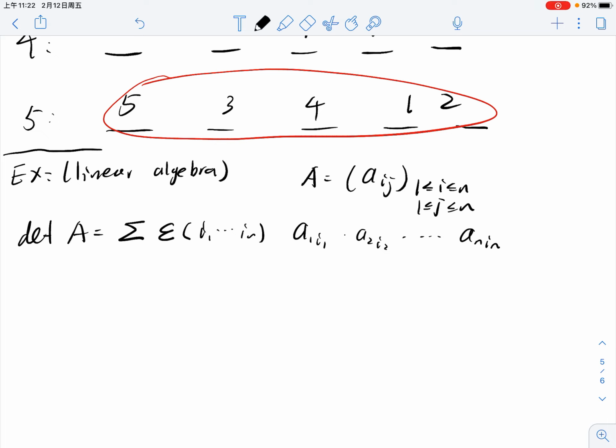Here i1 to in run through all permutations of a set of n elements.